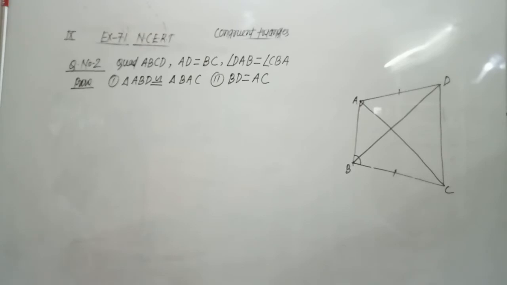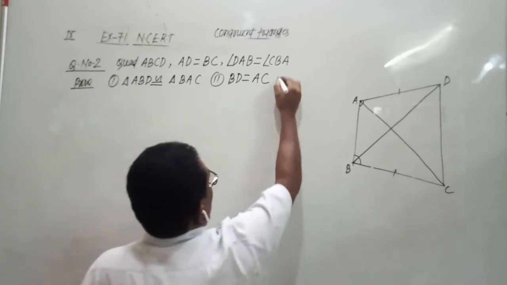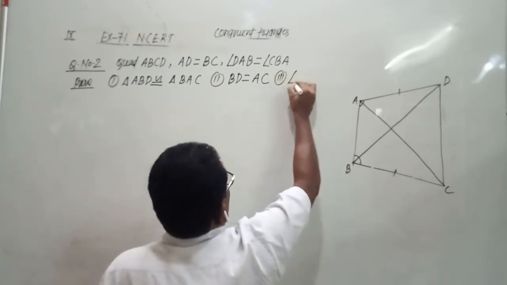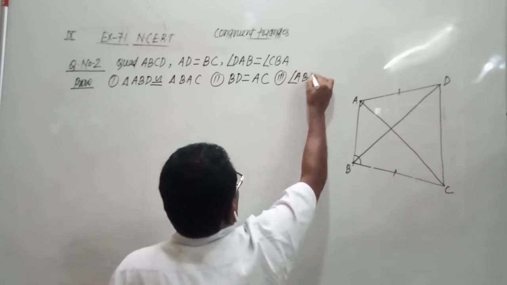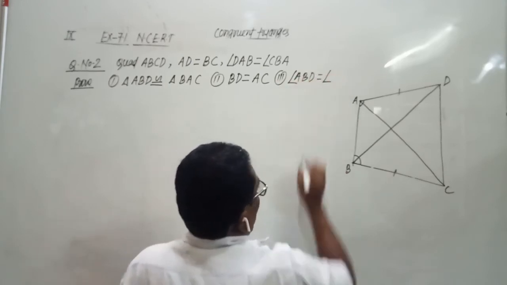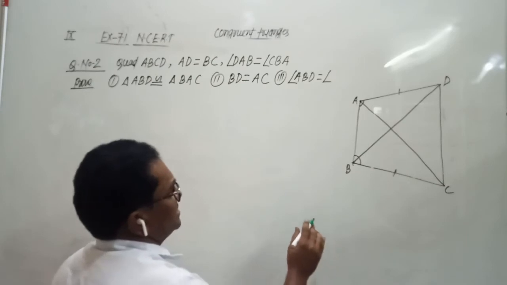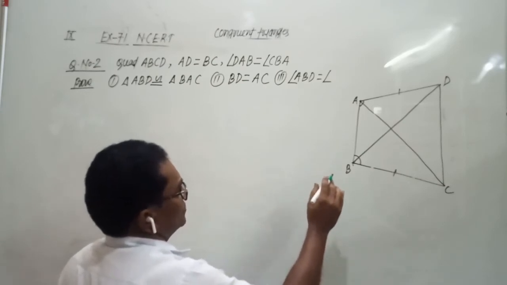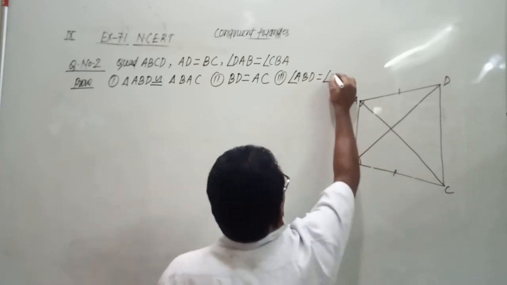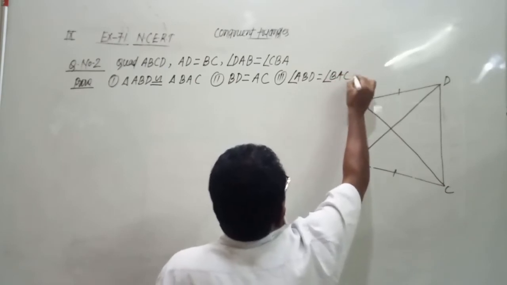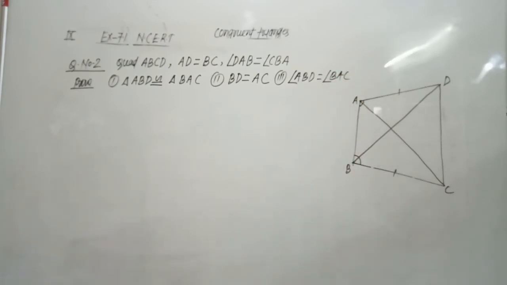And the third part: angle ABD equals angle BAC. The third part we have to prove is angle ABD equals angle BAC.